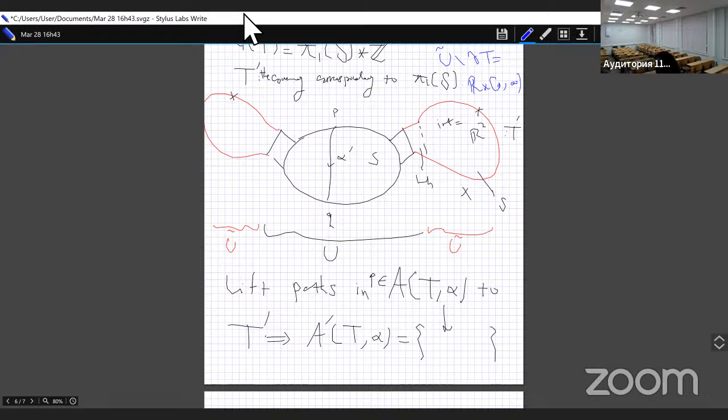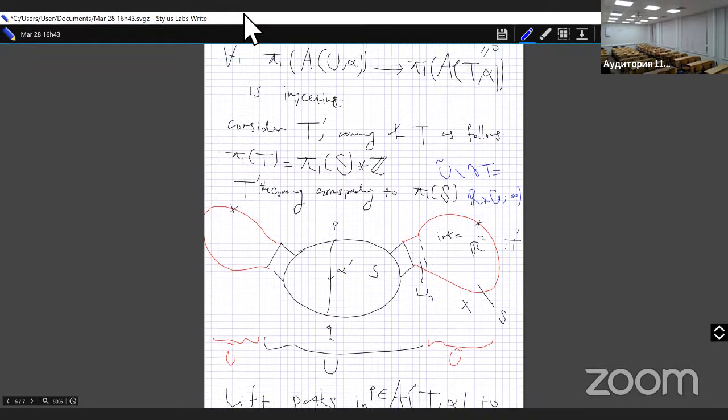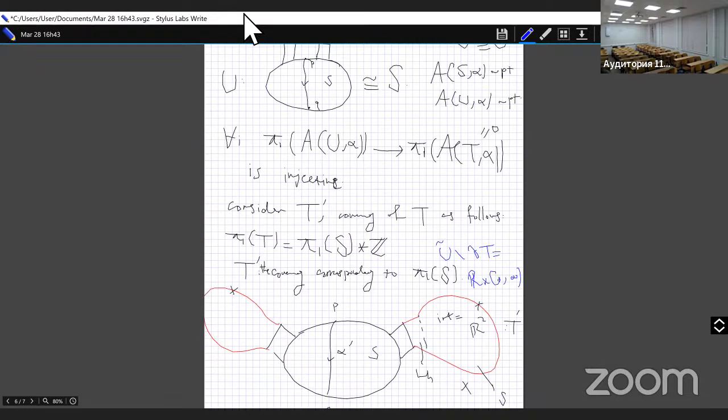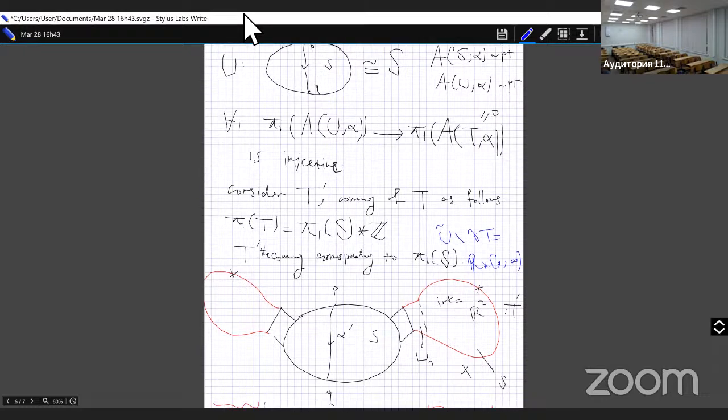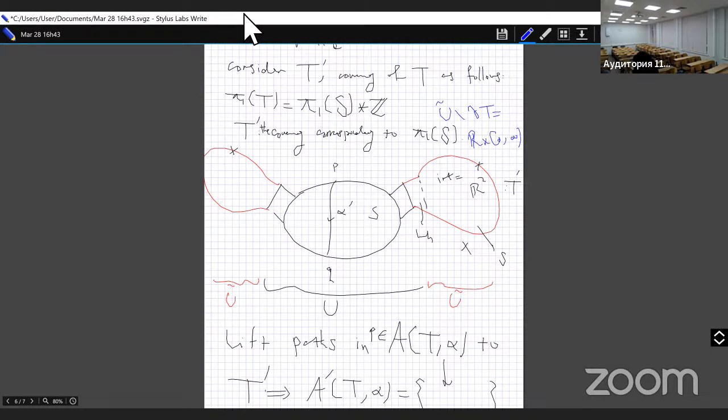Okay, so U tilde minus delta T. What is delta T? Just the boundary of T. Why is the boundary of T part of U tilde? No, I mean the part that it has intersection, maybe not the whole boundary of T. If you remove the intersection parts.